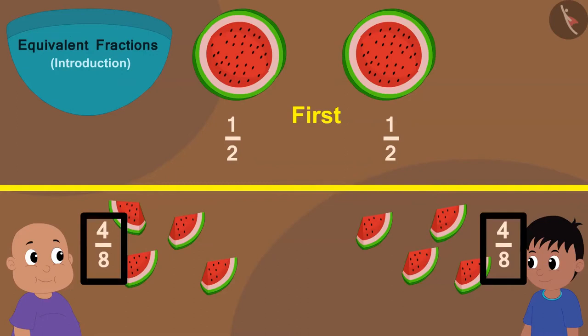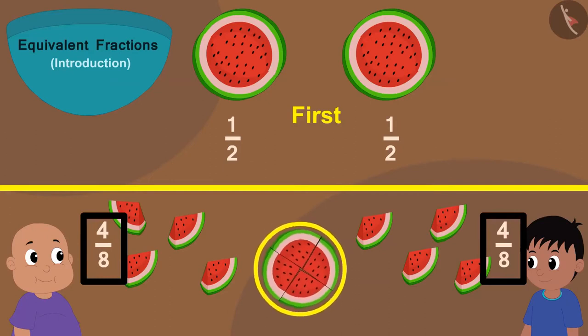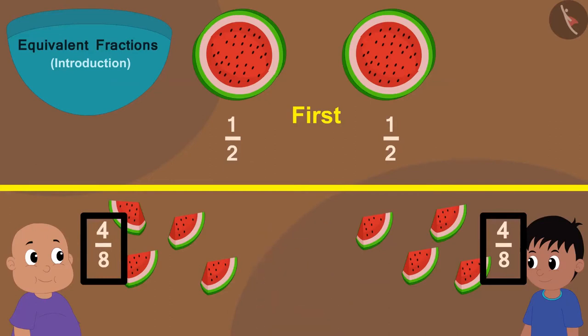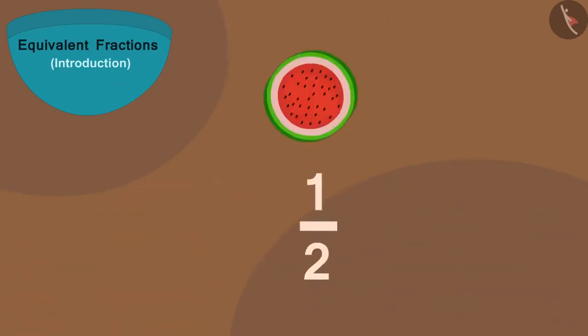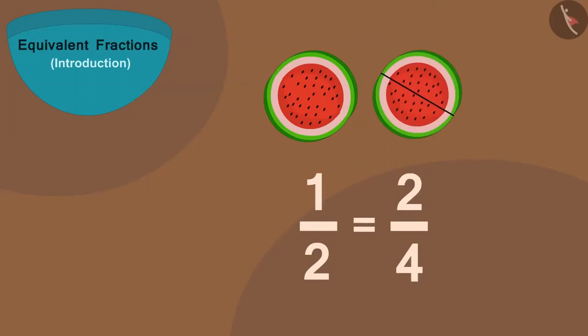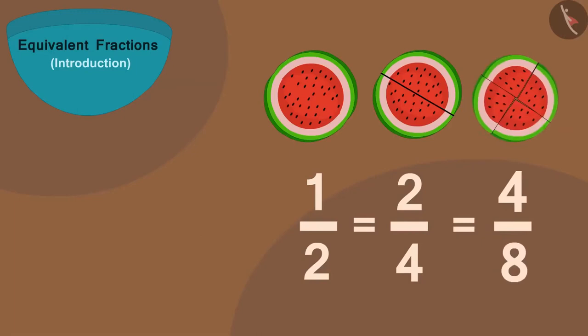If you look closely, you will find that they are still getting half of the watermelon. So, we can write the fraction 1/2 is equal to the fraction 2/4 is equal to the fraction 4/8.